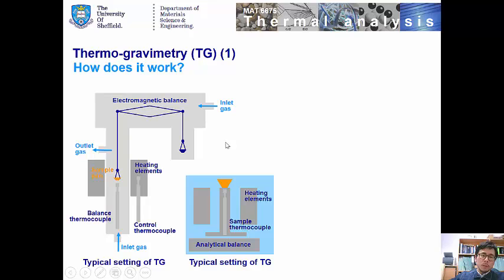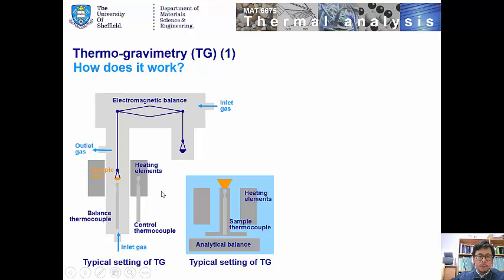Let's have a look at how it works. Thermogravimetry, as I mentioned, is a technique to record the weight of a sample. Therefore, it is essentially a very precise balance. Sometimes the sample holder is hanging from the top, sometimes it is supported from the bottom.